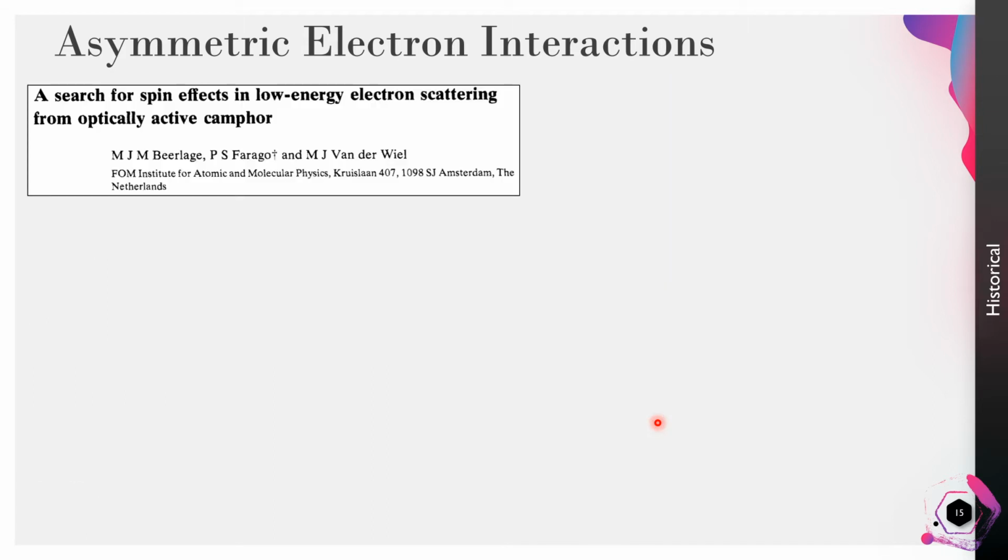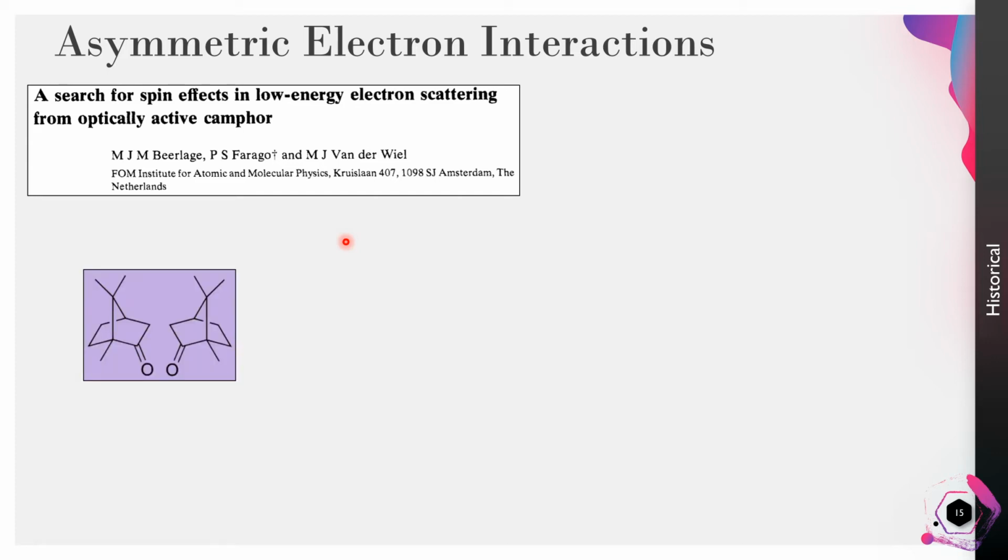So this now sets up the search for spin effects. If polarized electrons can asymmetrically affect chiral molecules, then maybe chiral molecules can polarize electron beams. This experiment carried out by the Farago group set out to determine just that.